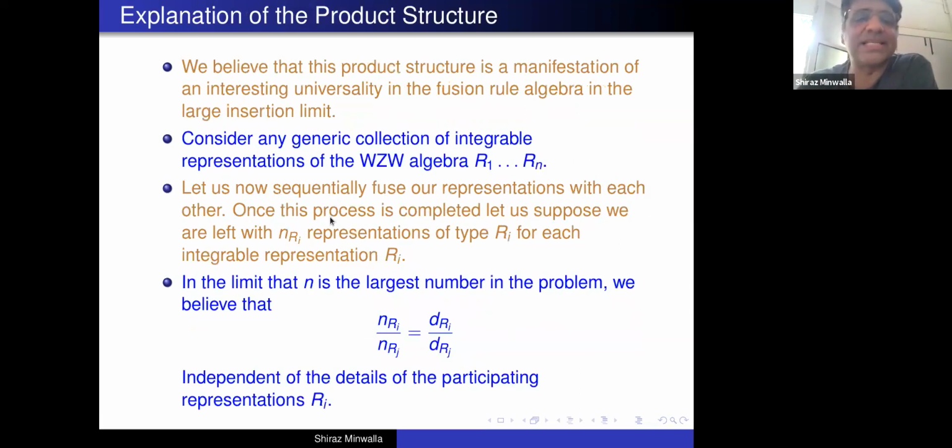The reason for this goes as follows. There's an interesting fact about Wess-Zumino-Witten fusion rules.